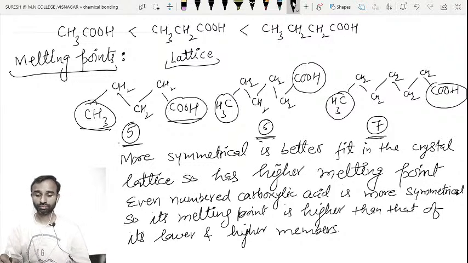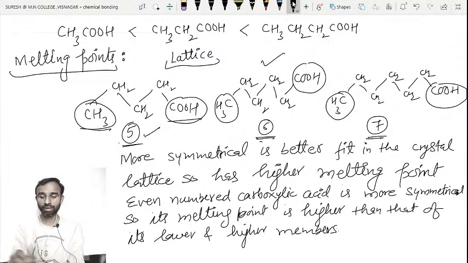For example, here 6-membered has higher melting point than 5-membered as well as 7-membered.